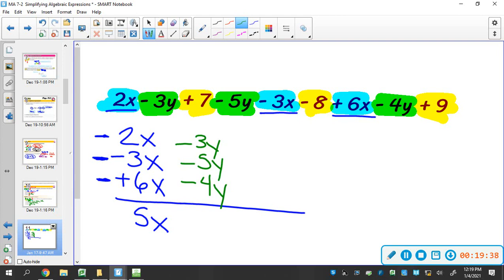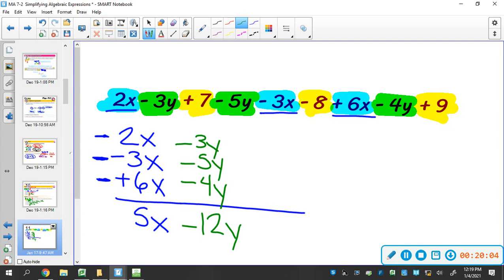So 3 plus 5 plus 4 would be 12. So I know a -3 plus -5 plus -4, that's going to be a -12. And again, you can use your calculator if you would like. But just make sure you're thinking about it as you're adding each one of these together. Okay? We're totaling them up, so we're adding them up. And when we add them up, I get a negative 12y.